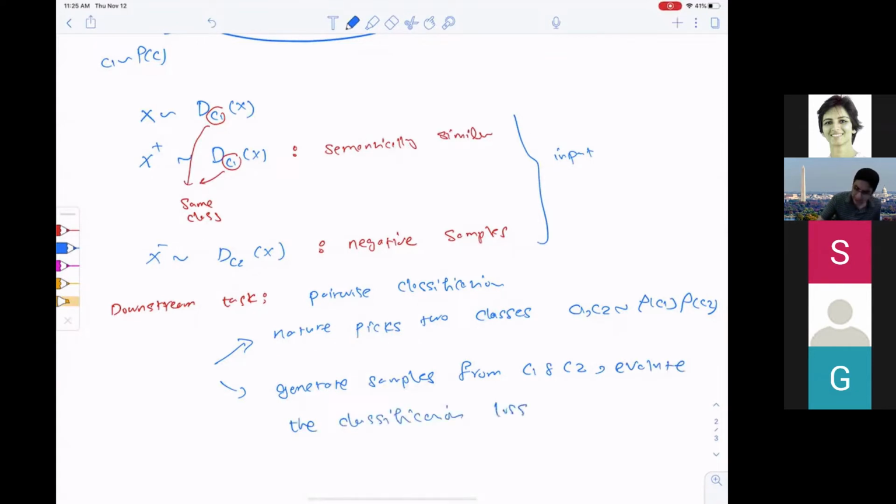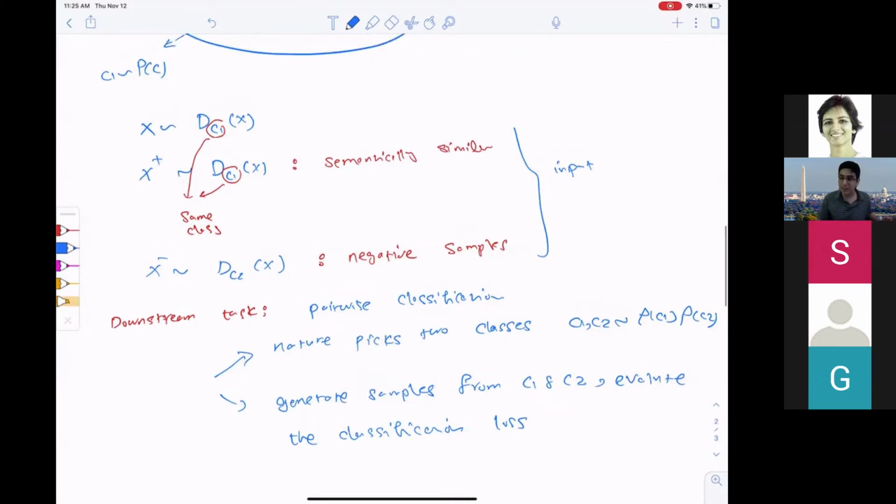Of course, using a linear model on top of the embeddings that we learned, right? So that's basically the downstream task that we have. Okay, so that's it. That's the underlying assumption for the theoretical results of this paper.